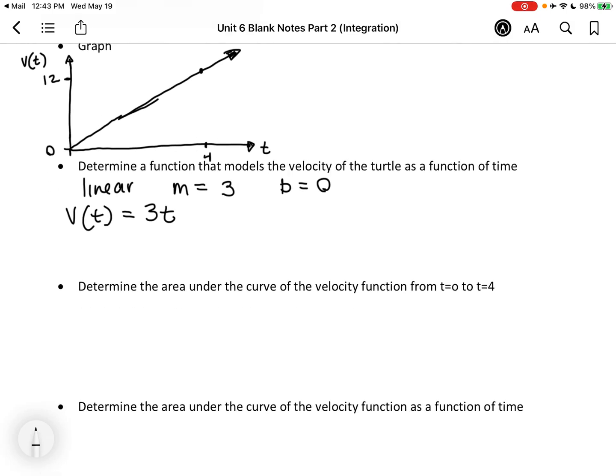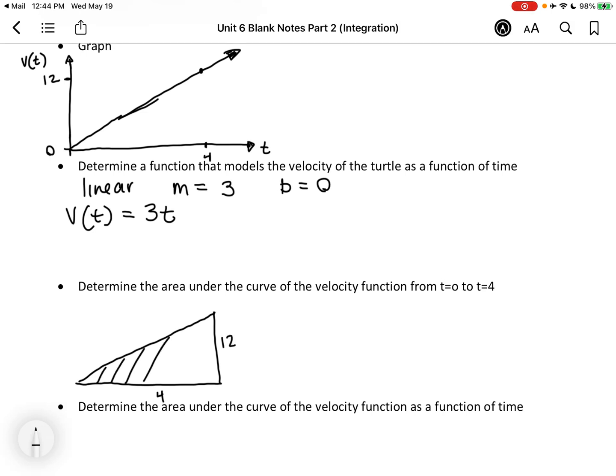Determine the area under the velocity function from t equals 0 to t equals 4. Okay, so let's just draw this picture one more time. And this time we don't have a rectangle. We're not doing length times width, but we're doing the area of a triangle. So this is 4. This height over here is 12.